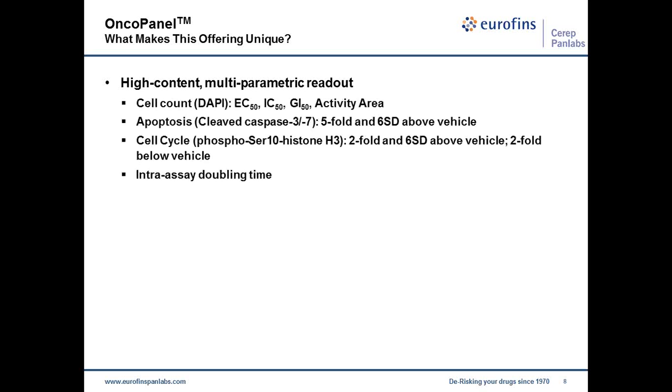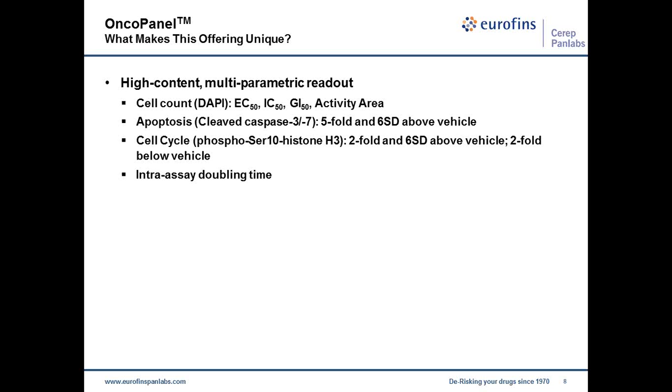So what makes Oncopanel unique? There are a number of cell line profiling companies out there. One of our distinguishing characteristics is that we're a high-content platform. Instead of performing a homogeneous mix-and-read assay, we can measure multiple parameters from the same well, and these parameters can be tailored and customized to detect essentially anything the client is interested in.